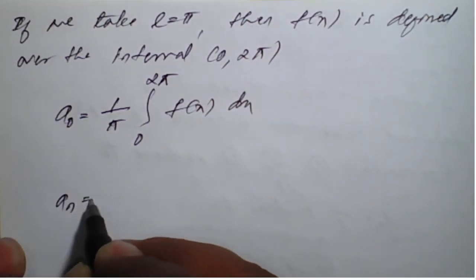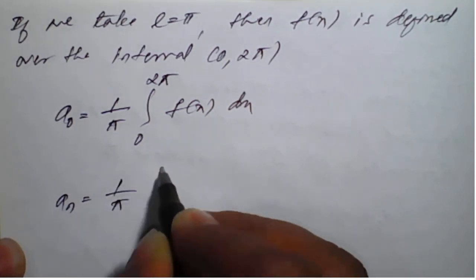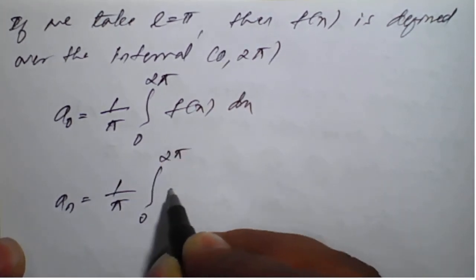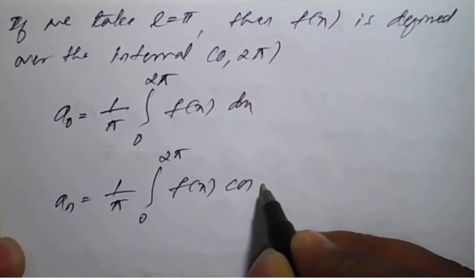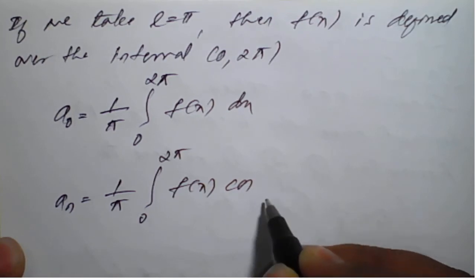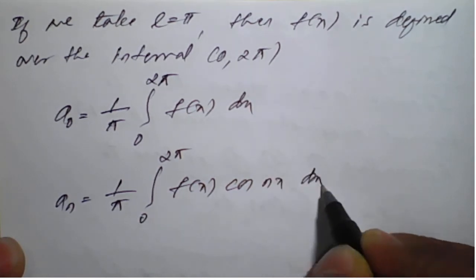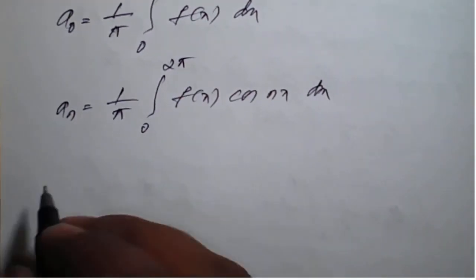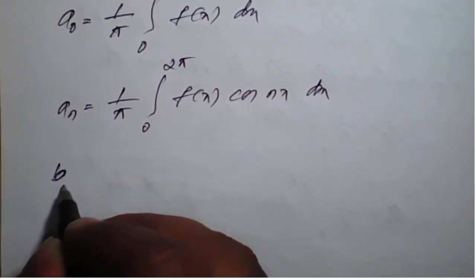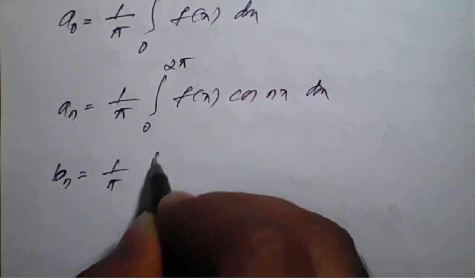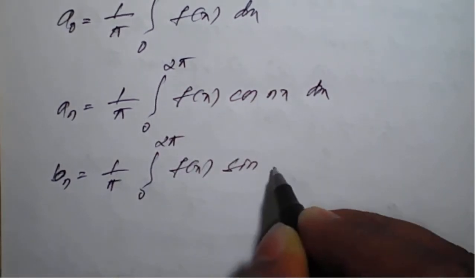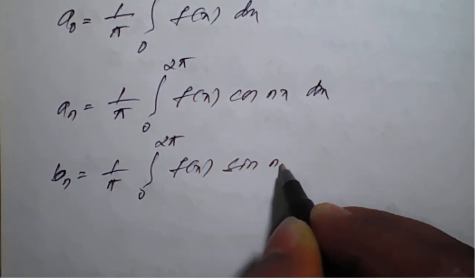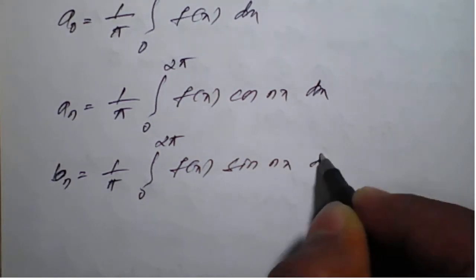Next, the an formula will be 1 upon pi integration 0 to 2 pi f of x into cos of n pi upon L. L is nothing but pi, so pi cancels, we get nx here. If you simplify, you will get this answer. And the bn value will be 1 upon pi integration 0 to 2 pi f of x into sine of n pi upon L, pi cancels, sine nx into dx.